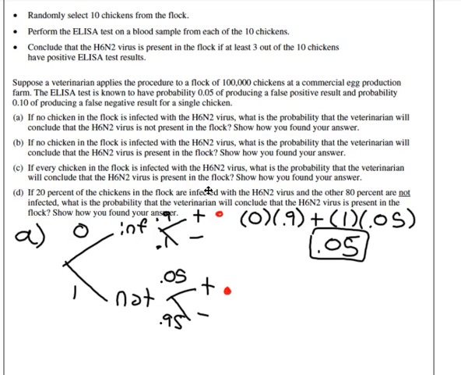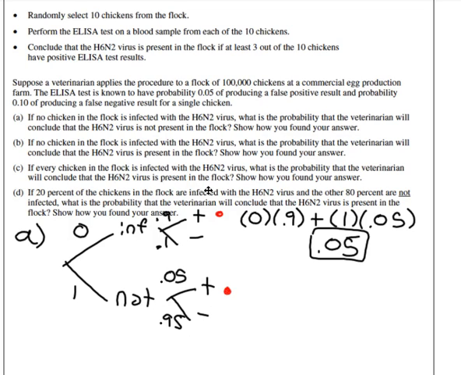Now they talk about doing this for 10 chickens. So for 10 chickens, each one has a probability of 0.05 of coming back with a positive test. And if at least 3 of those 10 chickens end up with a positive test, then he's going to say that the virus is present.